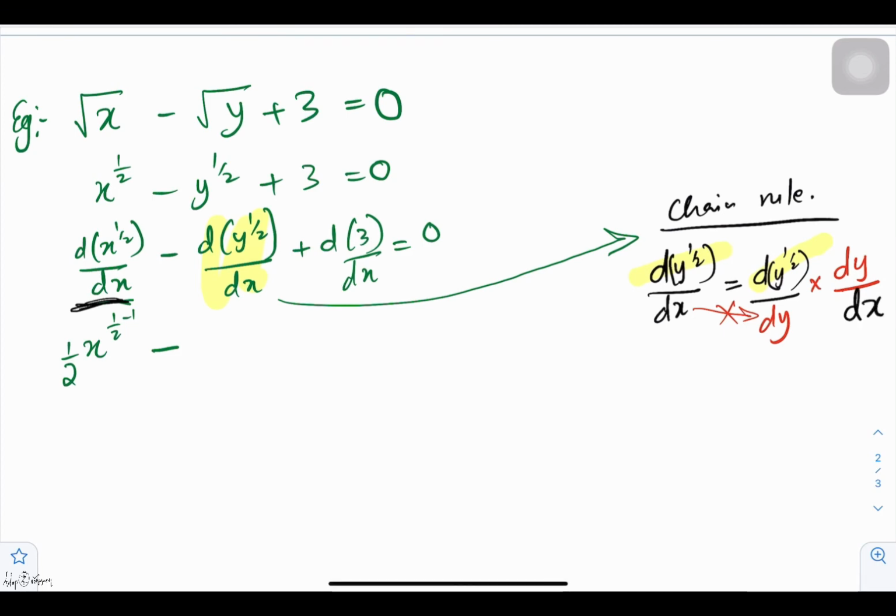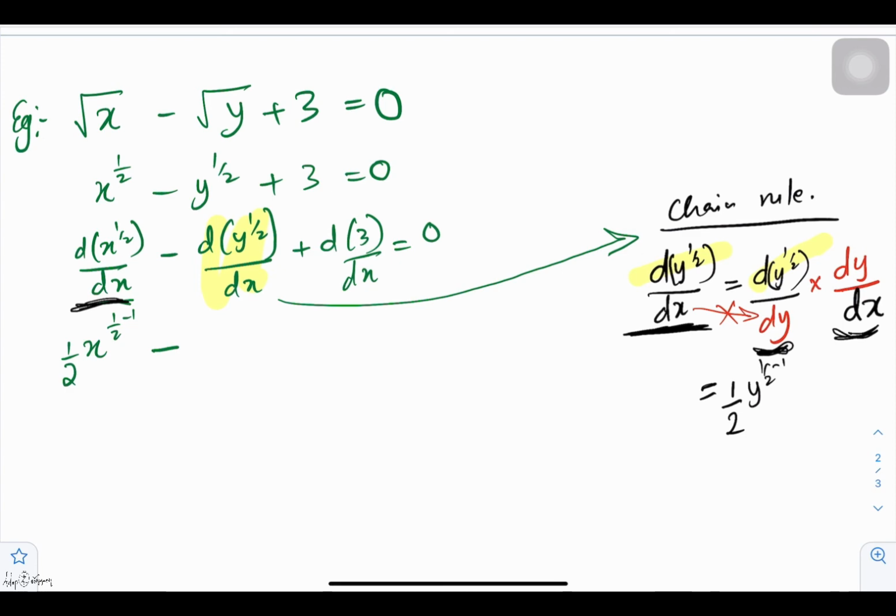I hope you are getting this, right? So to get this product here, I can multiply these two things, which leads me to y. Differentiating y raised to half with respect to y means I can use the formula now. The exponent comes in front, and from the exponent one gets eliminated.